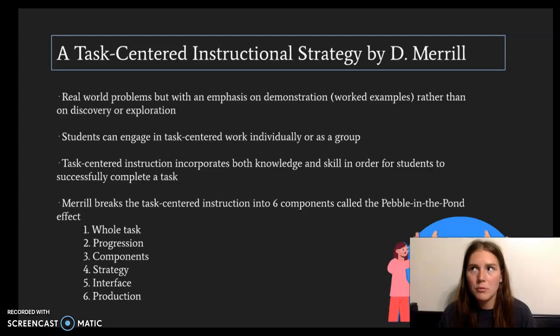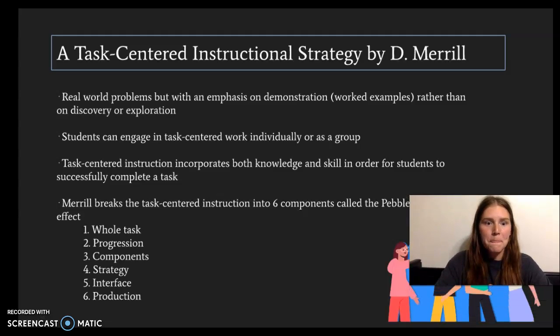And I feel that a lot of people nowadays might argue with that, but I do think that providing examples with an emphasis on demonstration takes that stress away from the students and teachers, because some students might not have it in them to be really explorative when it comes to tasks. So giving them examples to work through. Students can engage in task-centered work individually or as a group, which is nice because it works either way.